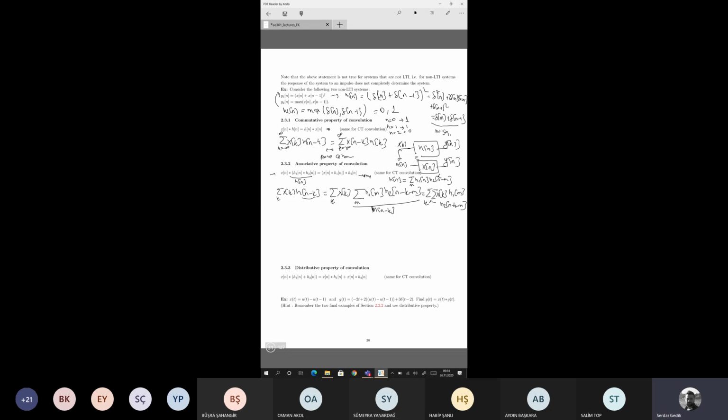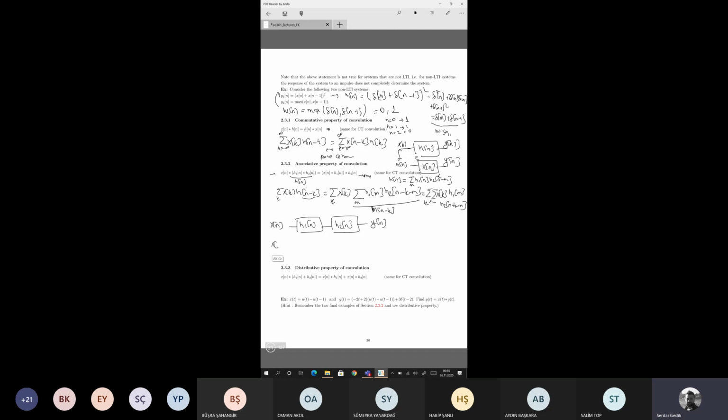So that's simple. So what do those summations tell you? Those summations tell you that if you have x of n at the input and you have h1 of n as the first system, they are cascaded. Remember cascading. This is h2 of n, and y of n at the output.